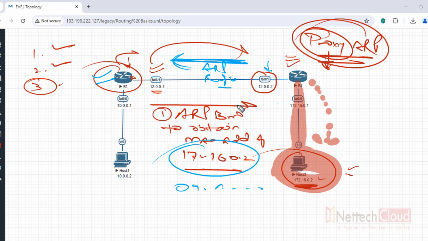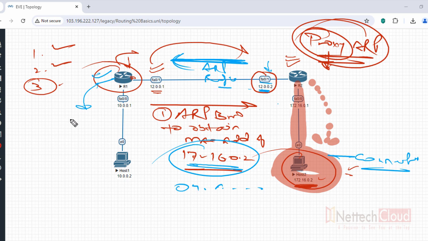Means R2 is now responding to ARP requests or broadcast messages on behalf of the connected host. So basically R1 will obtain a MAC address for 172.16.0.2, but definitely that wouldn't be of 172.16.0.2; it would be of the 12.0.0.2 IP or F0/1 interface.